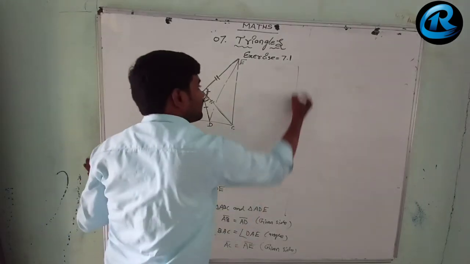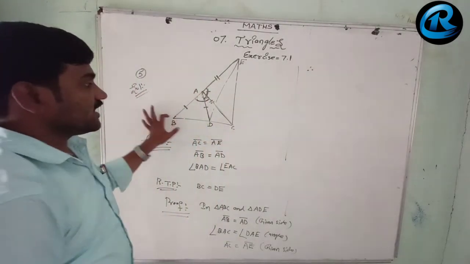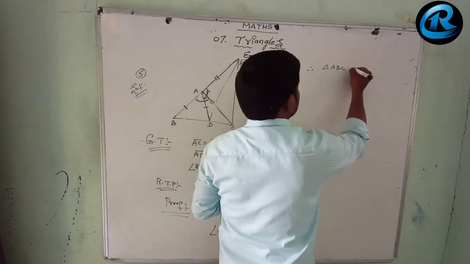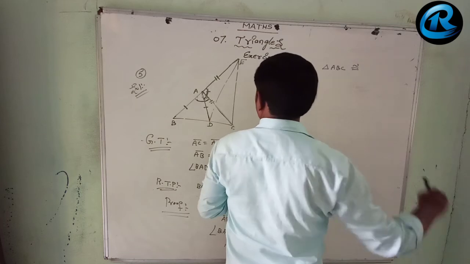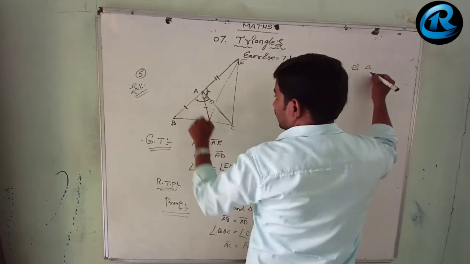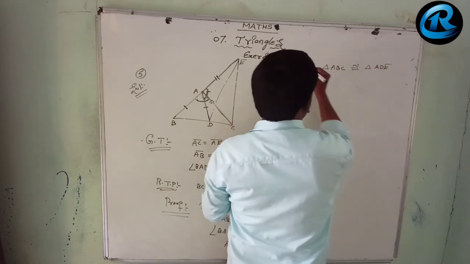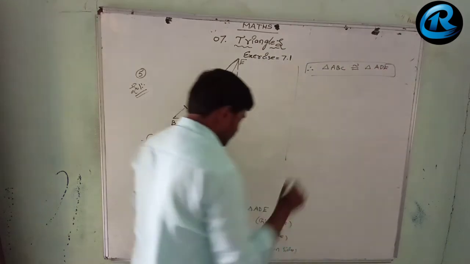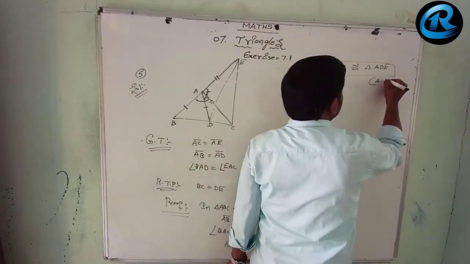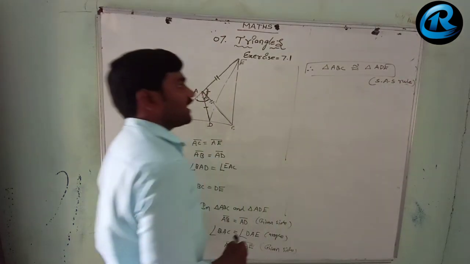Now we can say that therefore the triangle ABC is congruent to triangle ADE. These two triangles are congruent by the rule of side angle side, the side angle side rule.